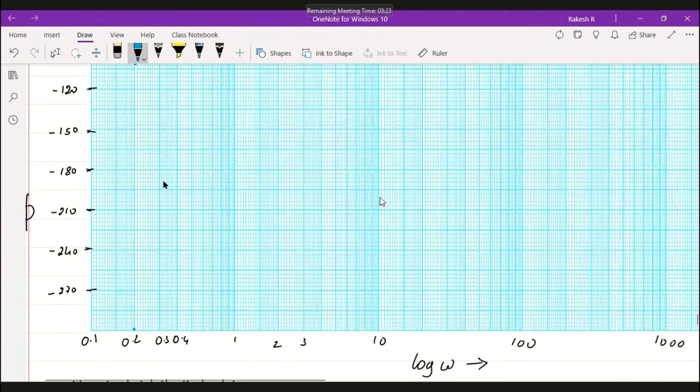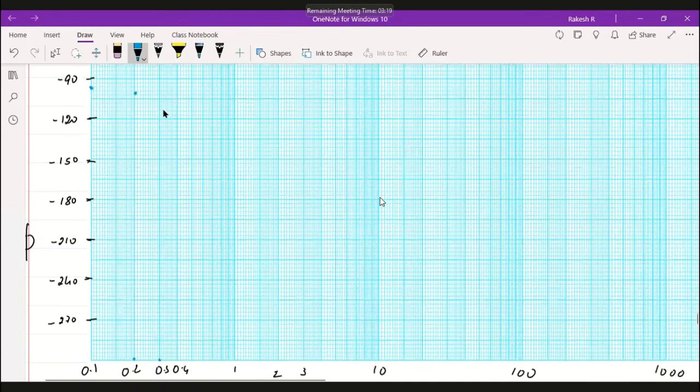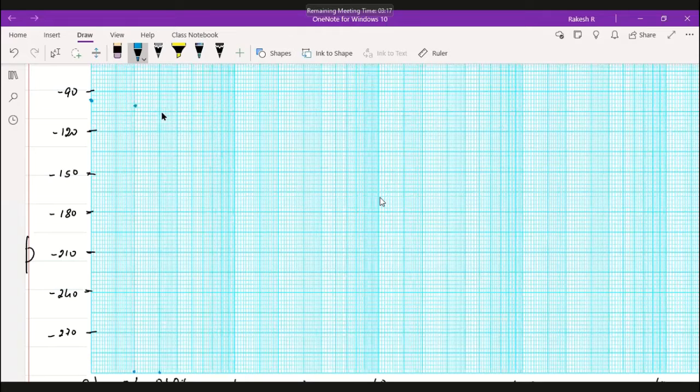Go up the line for 0.3. 110 comes a bit below, around 105 to 110. Similarly, the fourth one is 116, which comes somewhere here.